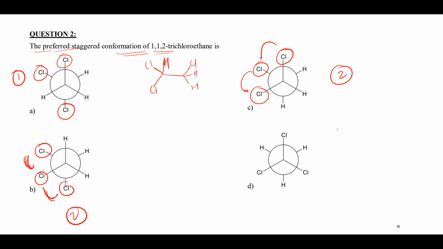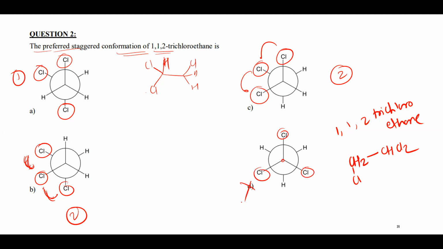What is this? 1,1,2-trichloroethane, sorry, CH2ClCHCl2, right? This is the structure. Here all 3 chlorines are not on one carbon atom, so this is the incorrect structure. So this option is incorrect.